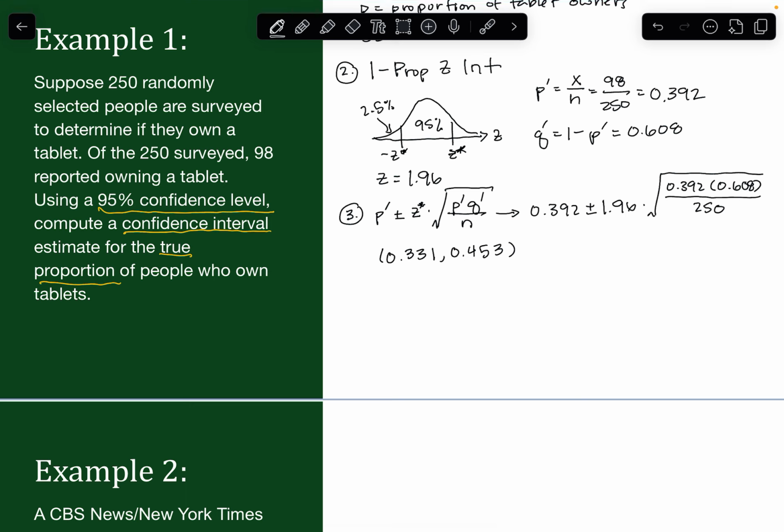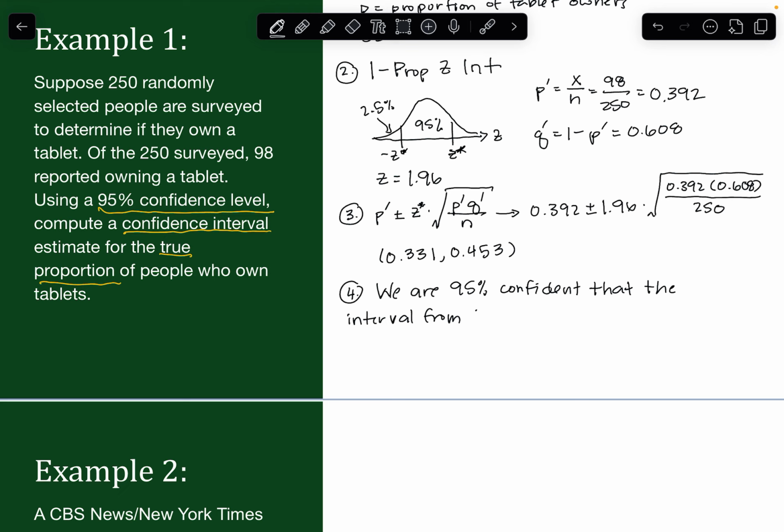Our last step, we're going to go ahead and write our sentence. Our conclude step. We are 95% confident that the interval from, and I'm going to state those proportions as percentages because humans generally interpret percentages easier than decimals.